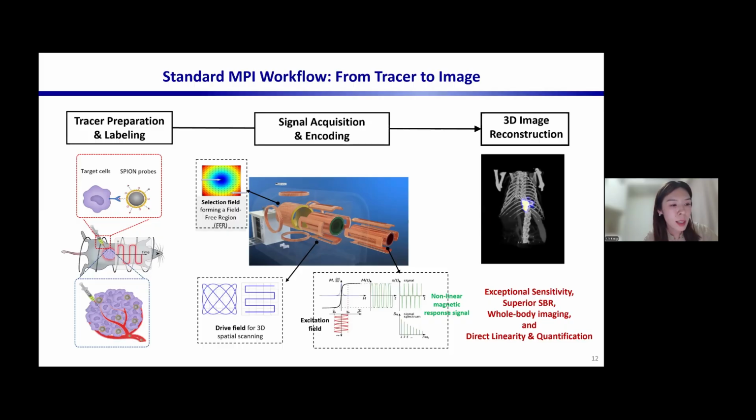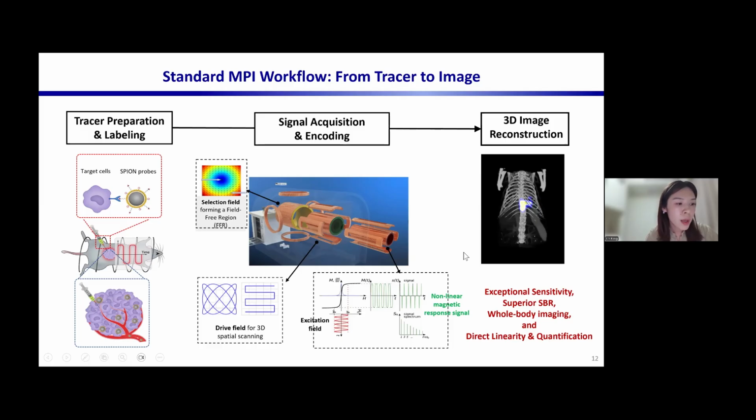As you can see in this example, this is a 3D image of a vascular plaque. Of course, this is co-registered with a CT image, but from the MPI image, we can see the surrounding tissue has zero signal. So we can get a very high signal-to-background ratio image.